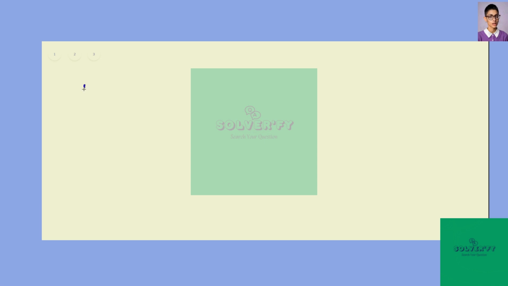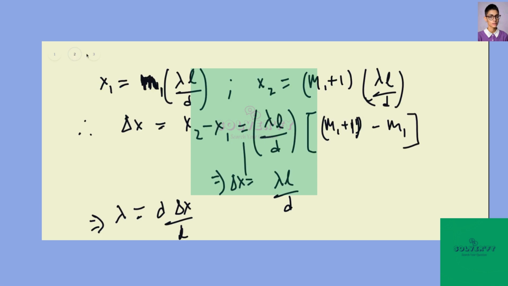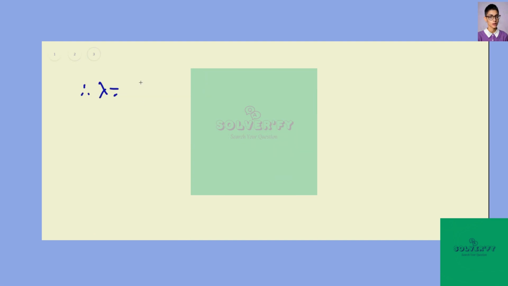Lambda is, so from here, d is the distance between the slits, which is 4.8 times 10 to the negative 5 meters, right?